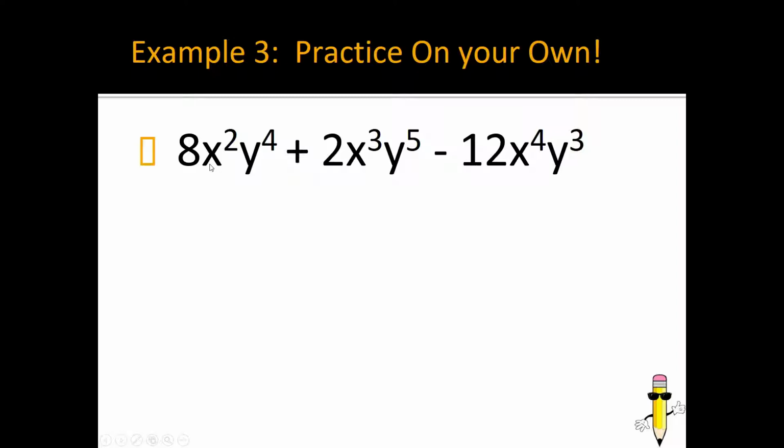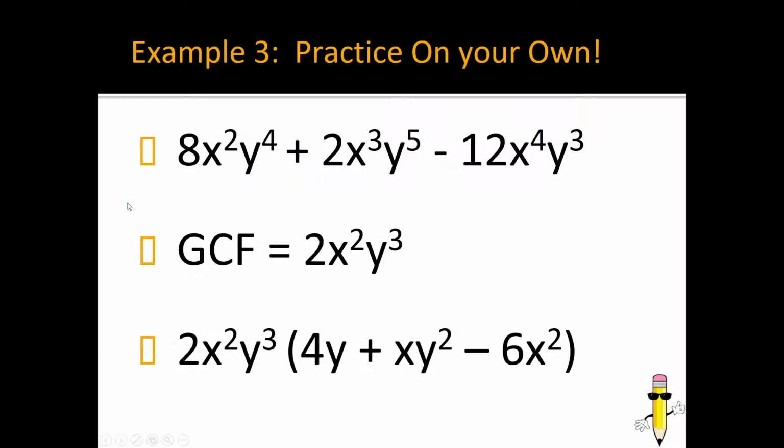I can take out an x squared from each term, and I can also take out a y squared. So I'm going to write down my greatest common factor as 2x squared y squared, and I'm going to rewrite my problem from there. So yeah, that looks right. And I can double check that by distributing this to every one of these terms, and I should get the exact same answer that you see here on the top.